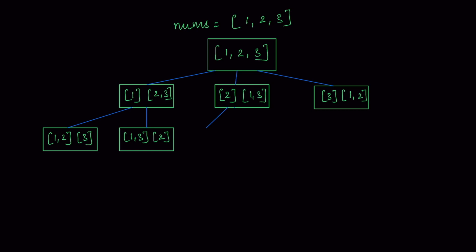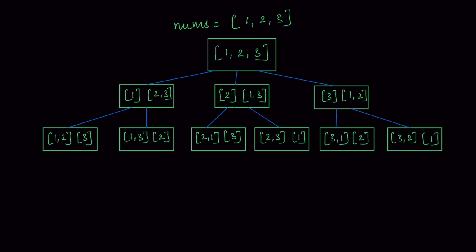From 2 and 1, 3 we arrive at 2, 1 and 3; and 2, 3 and 1. Let's look at the third branch, that is 3 and 1, 2. We arrive at 3, 1 and 2; and 3, 2 and 1.